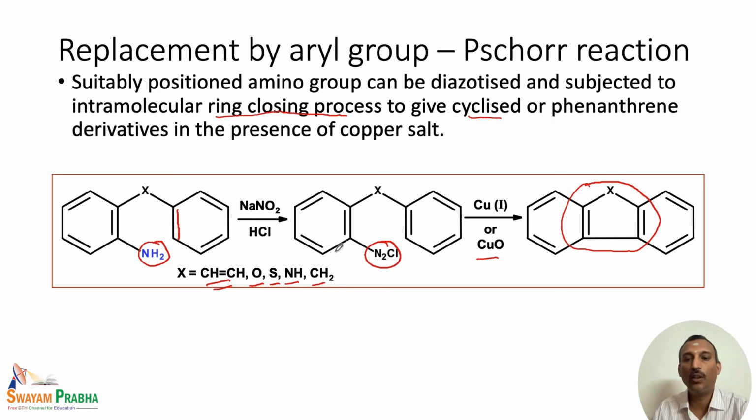So, depending on the various substituents on this X, we can get a different membered ring in this particular system, whether it is a 5-membered ring or a 6-membered ring, depending on the substitution on the X. This kind of reaction is called the Schar reaction. In this one a cyclization takes place, that means there is a substitution of one of the aromatic rings for the diazonium salt.